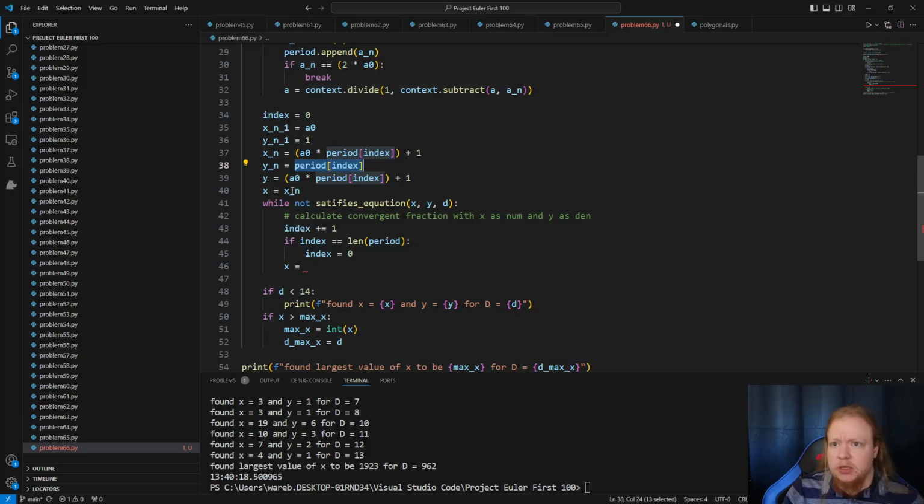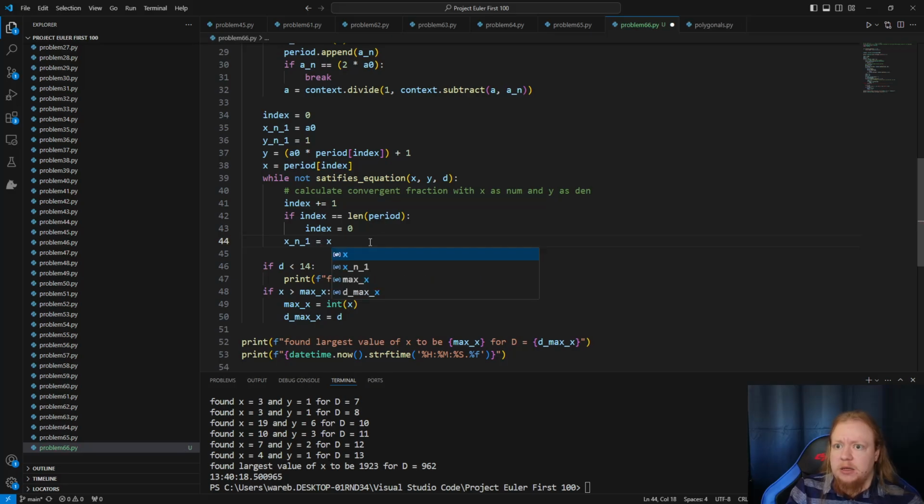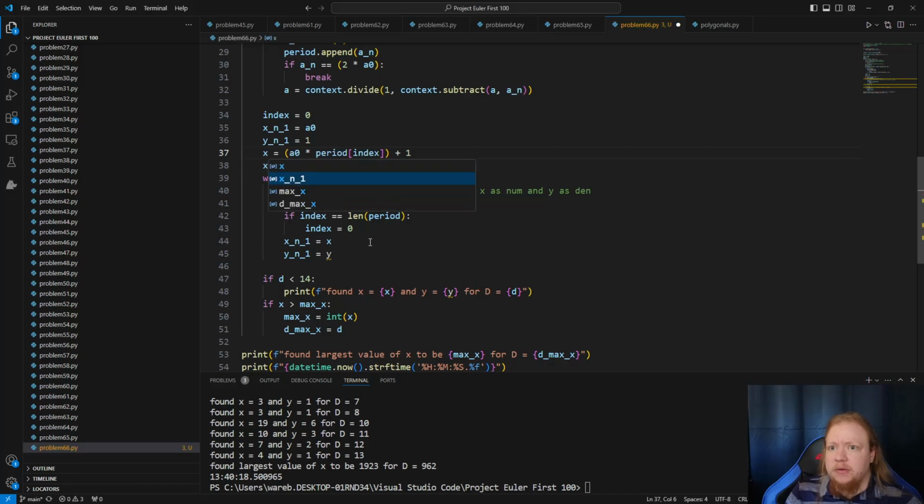I think I can just do this. X n1 is going to equal x. Y n1 is going to equal y. I have to flip these because I did this wrong.